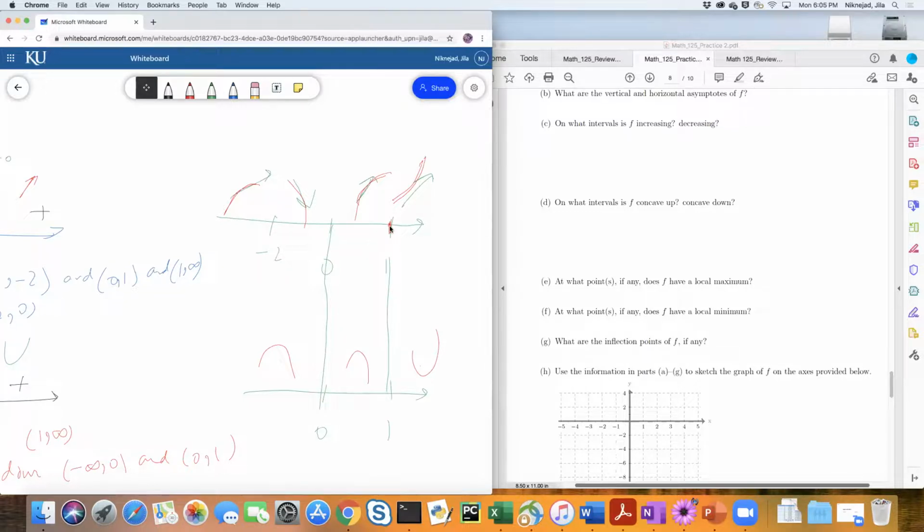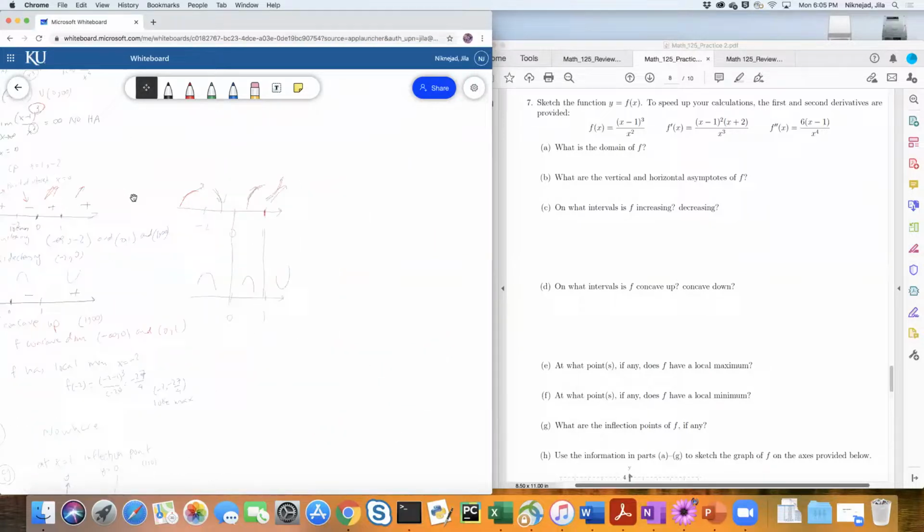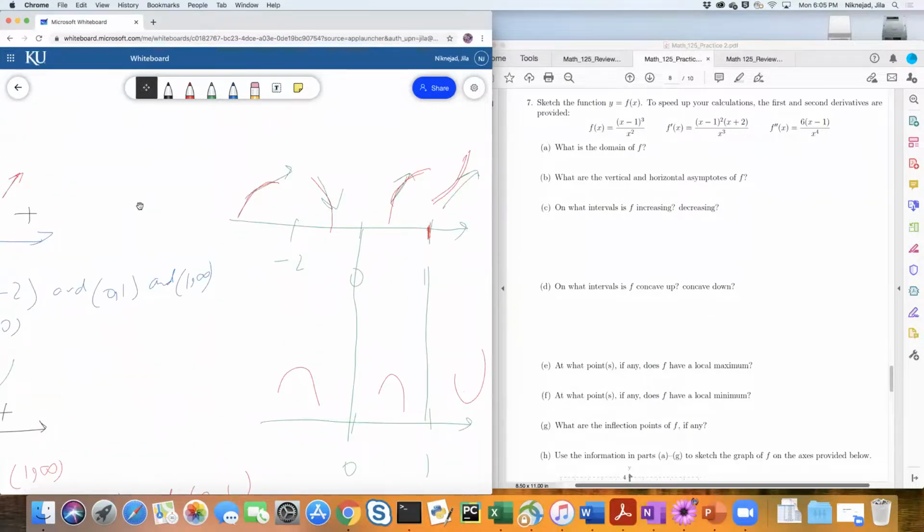Oh, because the story was that y prime was 0 at 1, right? So increasing only happens when the derivative of the function is positive, not 0. At that point it was 0. That's why. So basically the tangent line is horizontal, so it doesn't count. That point is out. That's all.